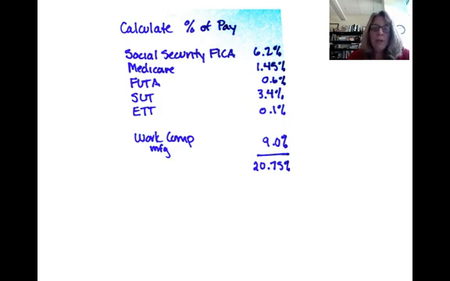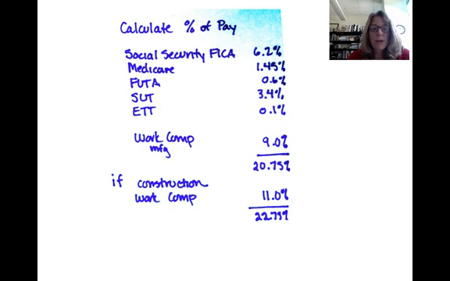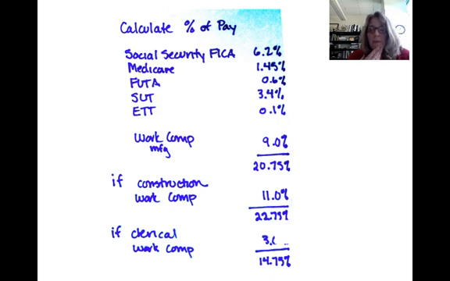Now, if another person is working and maybe they're construction, it would be 11% above the pay. Maybe it's clerical, then it would only be 3% above the pay. So we need to know what the percentage on the workers' comp is. But let's look at a clerical worker.